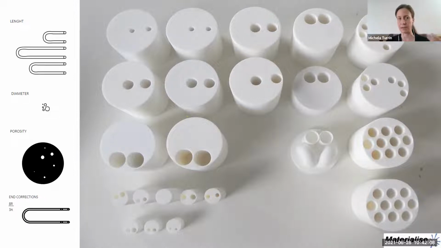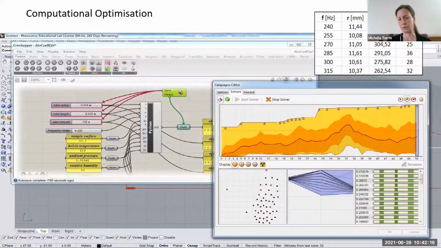We talk about the length, the diameter, the amount of openings, so the porosity of the final surface of each specific tube. And this is connected in an optimization loop, in this case, targeting as high as possible an absorption coefficient for the final element, which therefore gives the number of tubes and their combination of radius and length.